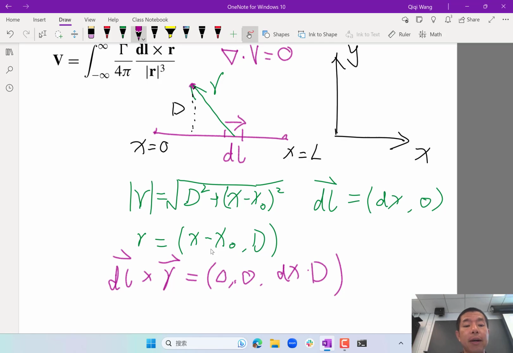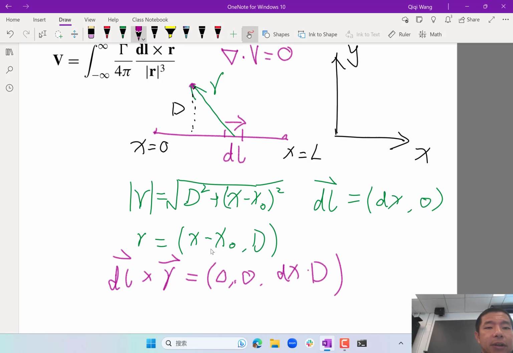Okay, so here we can immediately see that the numerator does not depend on the location of the small segment we are integrating over. But the denominator goes like r cubed, right? So essentially, the amount of contribution from a small segment is not just inversely proportional to distance, but inversely proportional to the distance cubed, right?